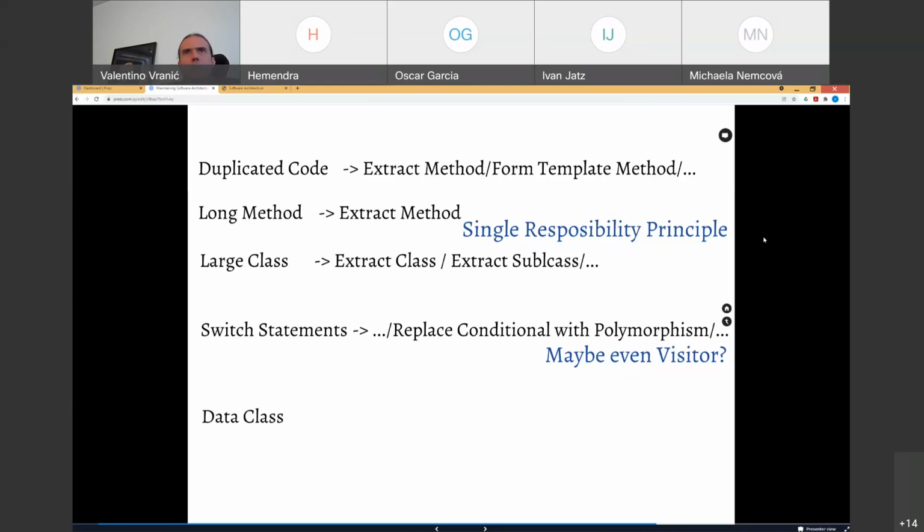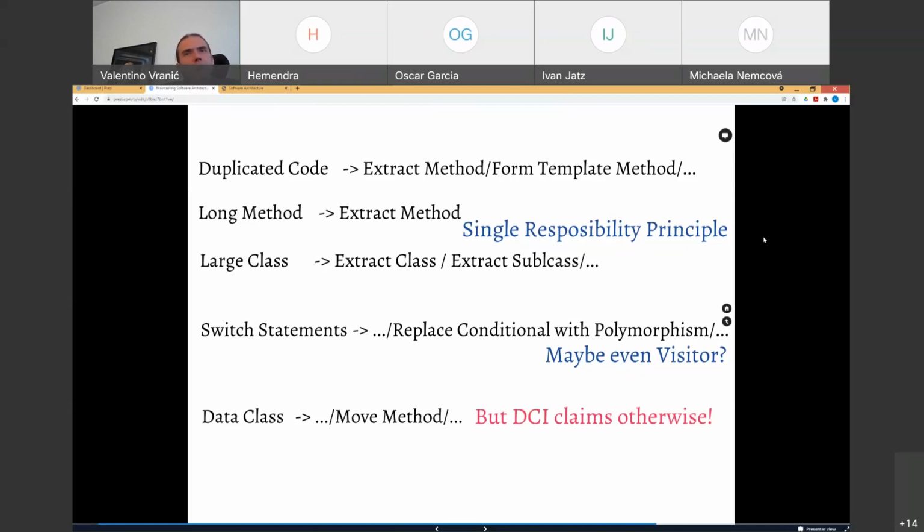There are further things to consider, like data class. If you have a data class, it means it's just a data class and it doesn't have any kind of active methods. So you can move a method to it and make it more elaborated, but this contradicts DCI. DCI claims otherwise, as you remember.